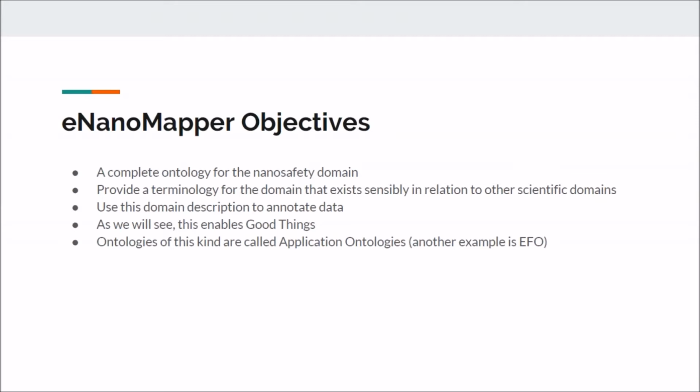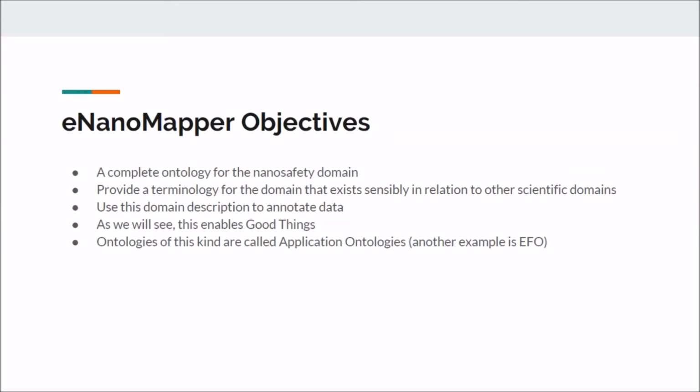This kind of ontology, which is often a taxonomy, is for the purpose of describing a particular domain rather than an entire realm of basic science, like the Gene Ontology does. It's called an application ontology, and it often pulls in parts of other ontologies that are relevant to it, as well as defining things particular to its domain.